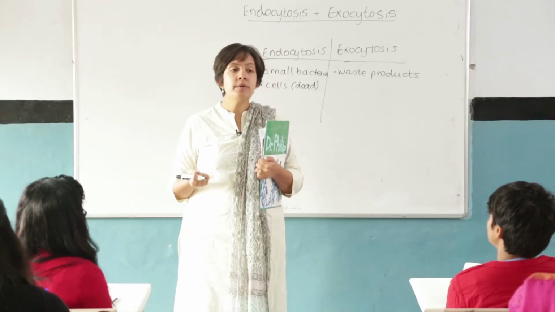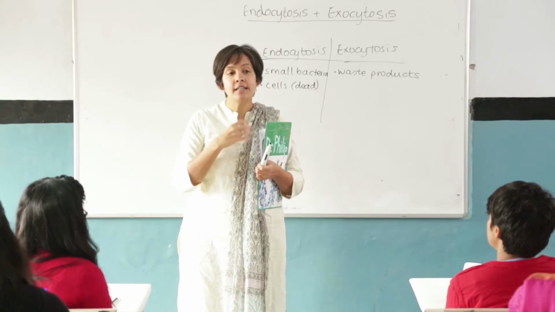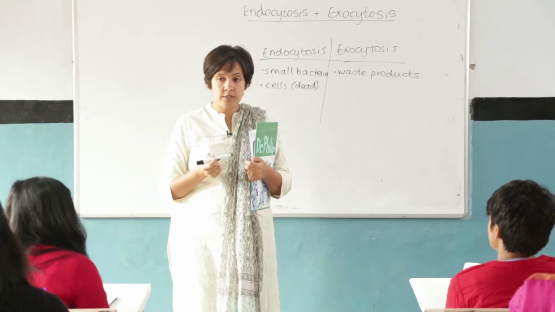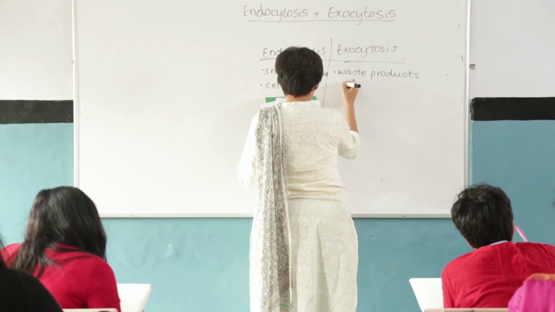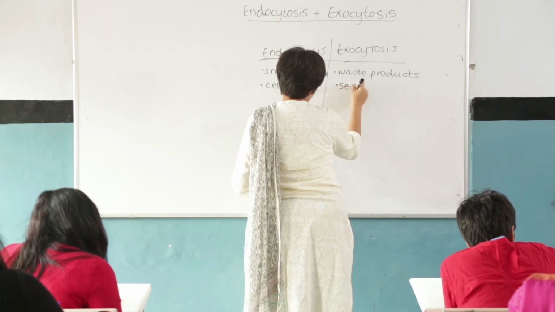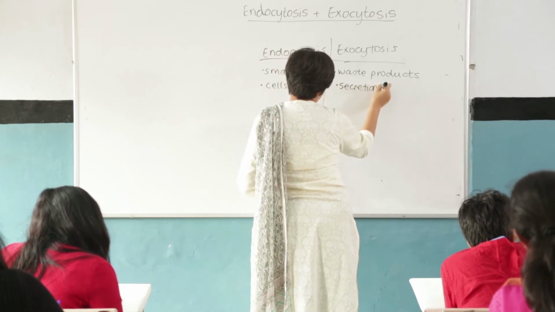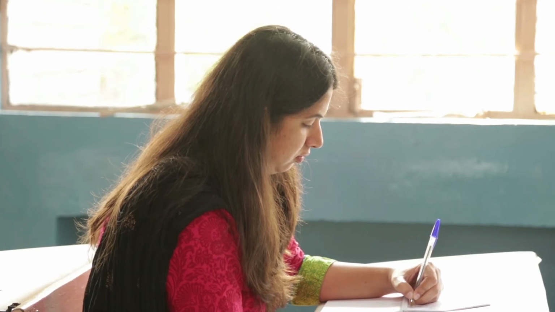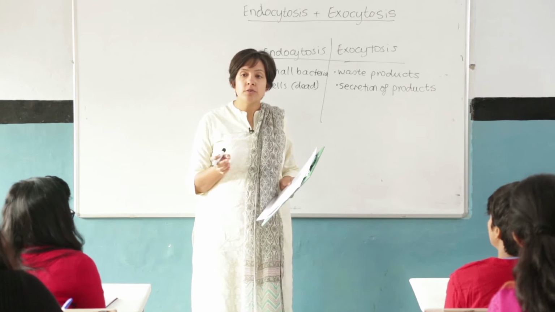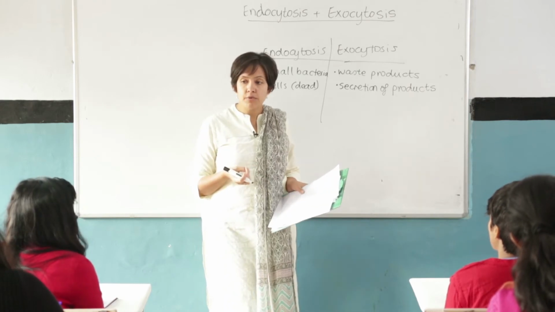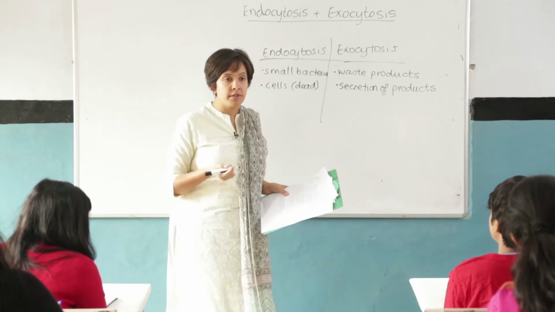And another thing that they do is they can secrete signaling molecules through exocytosis. This secretion of products through exocytosis is also another really important part of the immune response.